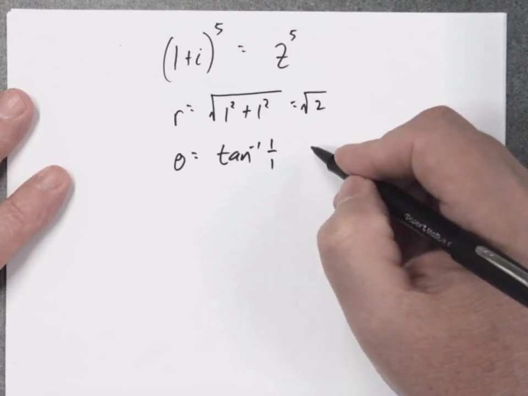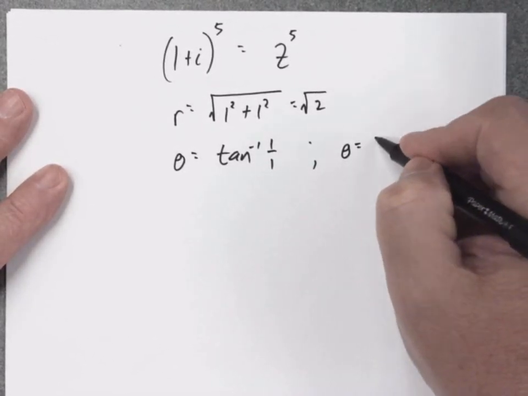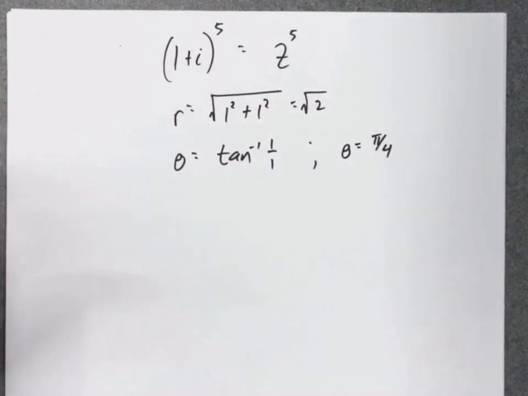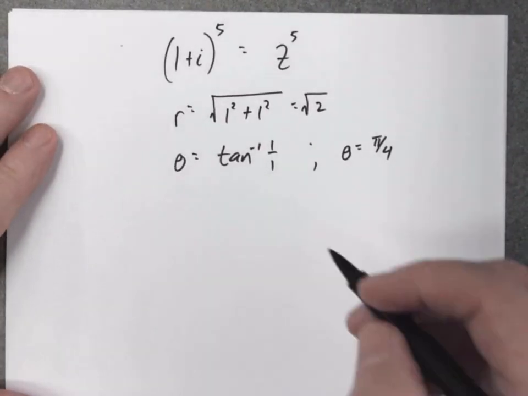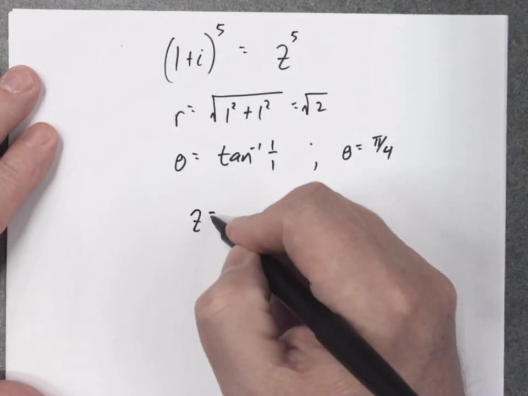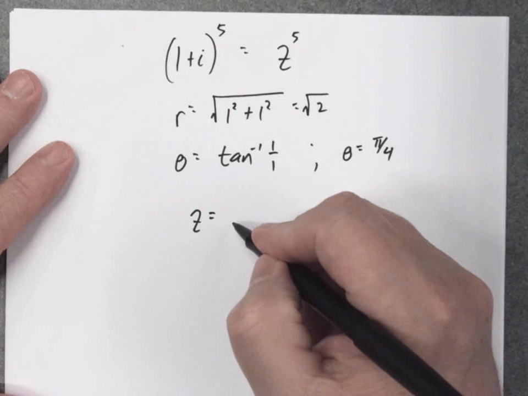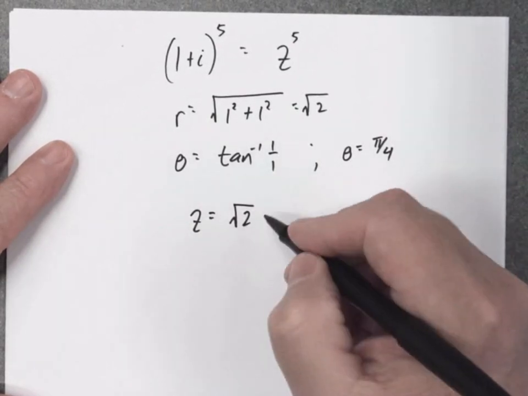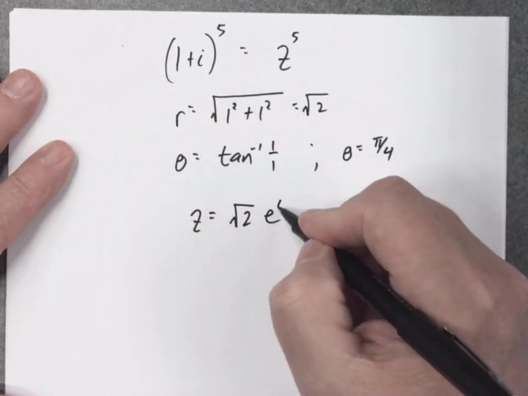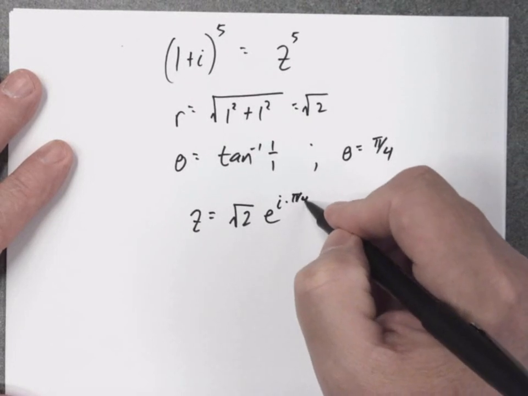What angle has a tangent of 1? Hopefully, we've done this a lot. So there's r and theta. So this complex number in exponential form would be square root of 2 e to the i times pi over 4.